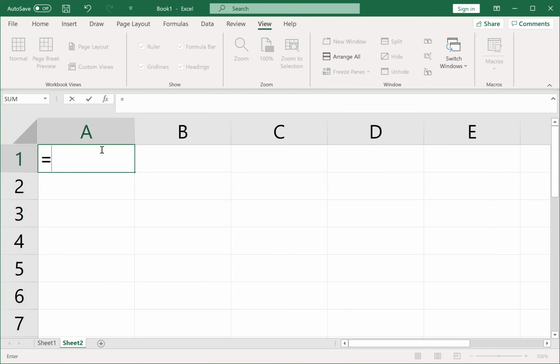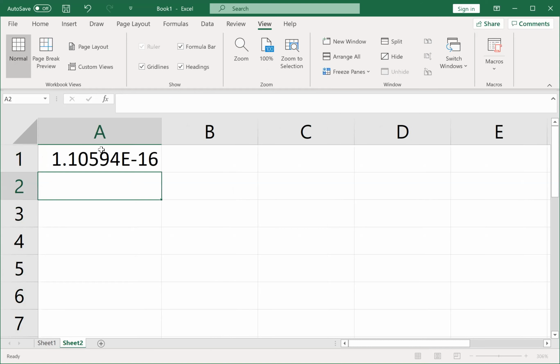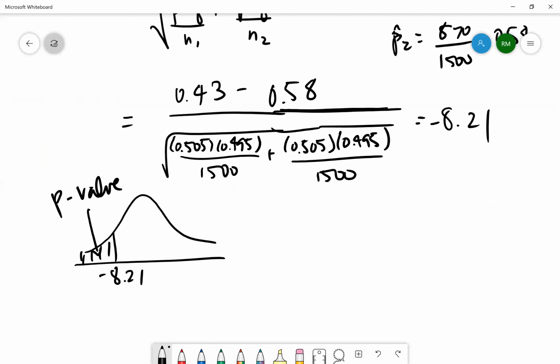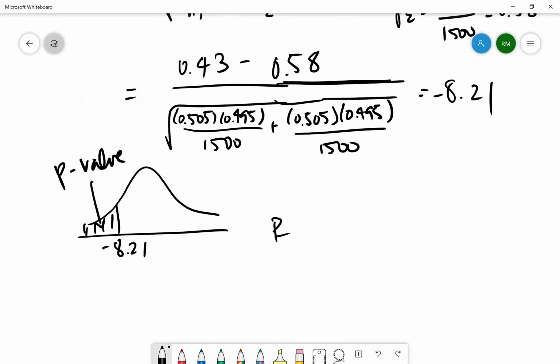Okay, so we can do equals NORM.S.DIST of negative 8.21, comma TRUE, and we get a p-value that's very small. That's 15 zeros. So we get something that's roughly equal to the p-value is 1.15 times 10 to the negative 16th.